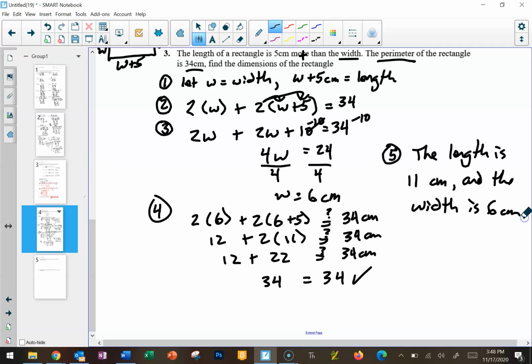And you could have written that the other way around. You could have said the width is 6 centimeters and the length is 11. But you just got to remember the width is W, so 6, and then the length is W plus 5, so 6 plus 5 is 11. So make sure you answer the question that it gives you, right? When you write your final sentence, make sure it matches up with what they're asking you to find out.